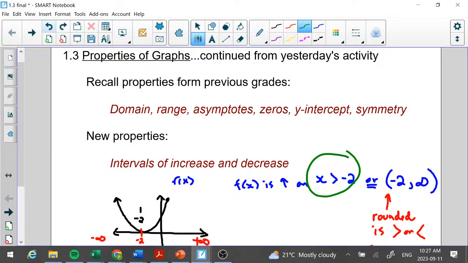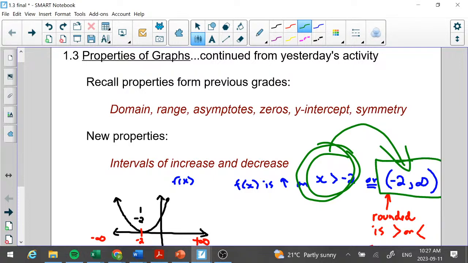That's the interval. You might want to learn this new notation. This is part of set builder notation, and what we have right here is called interval notation. You see those brackets? You can use those brackets, or you can use these brackets.